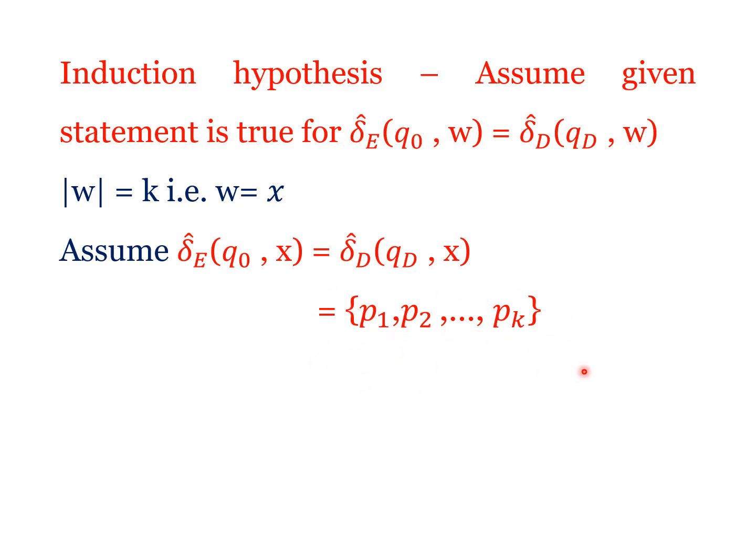This is also assumed to be true. Keeping this statement and the basis, we want to prove that for a string of length K plus 1 the statement is true.